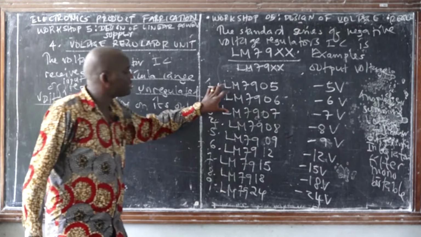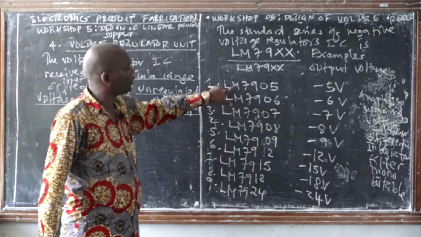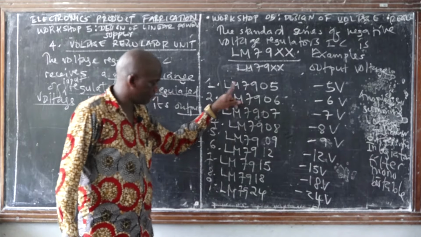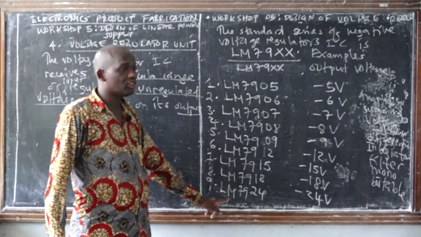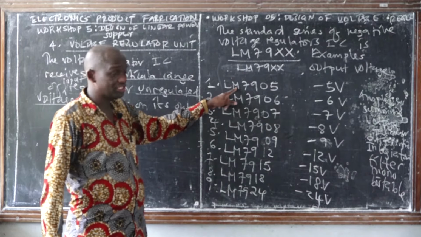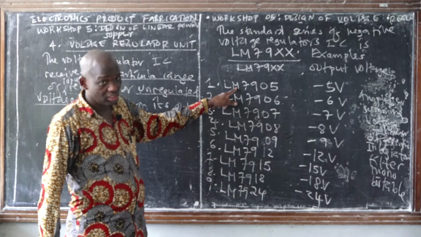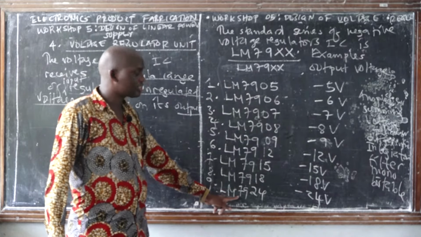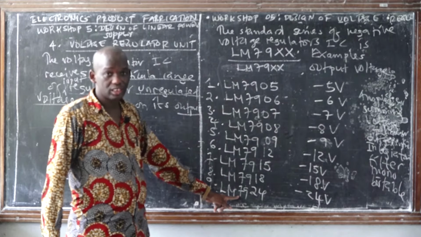So for instance, there is a minimum input voltage for this IC, which will be different from the minimum input voltage of this IC. There is a maximum voltage for this IC before it burns out, which is always different from the maximum of this voltage regulator.